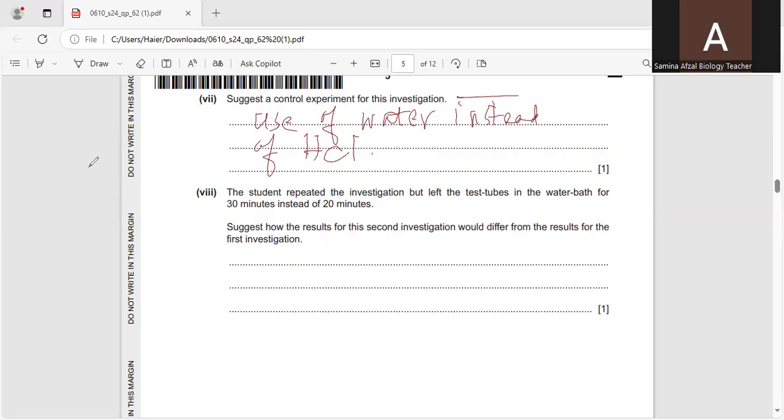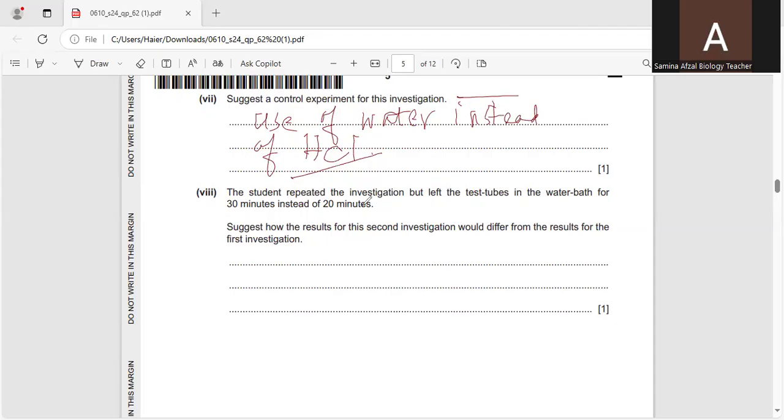Because as the concentration of hydrochloric acid is changed, the rate of diffusion is also changed, and the rate of diffusion is clear from the change in the height of the yellow agar jelly. So if there is no hydrochloric acid, there will be no change in the height of the agar jelly, or no change of blue agar jelly into yellow agar jelly. In this way, we can use water instead of hydrochloric acid to make it a control experiment.